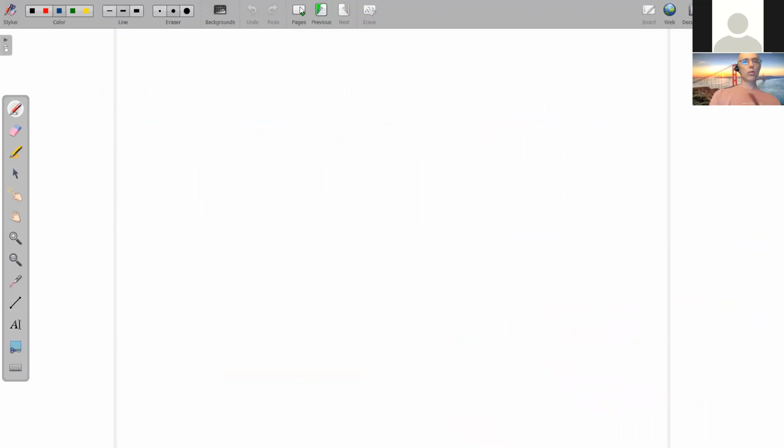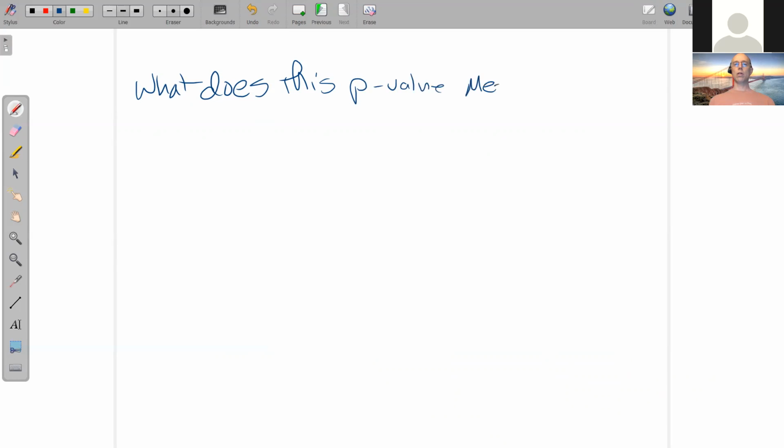Okay, so what is a p-value? What does it mean? More specifically, what does this p-value mean? The p-value comes from that drawing, and in that drawing I assumed that I should get a mean of 95 beats per minute, but I got a mean that was greater.